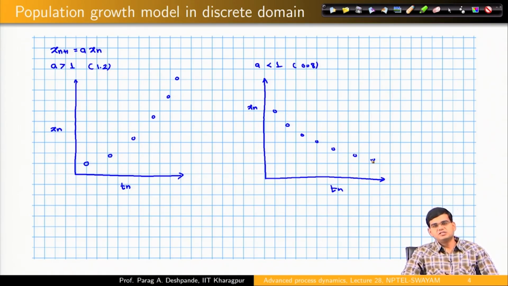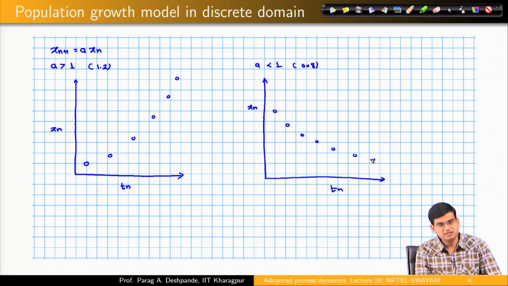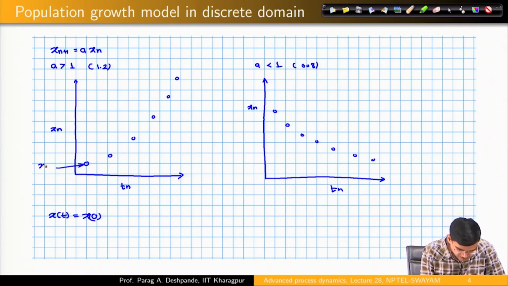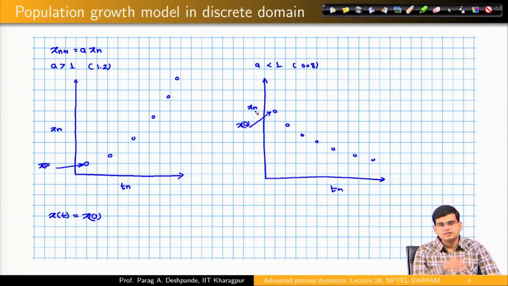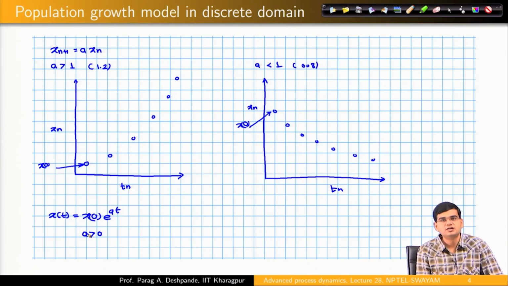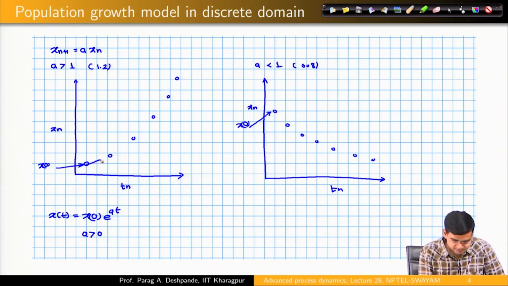Well, we have seen this in case of continuous domain modeling. I have x of t is equal to x 0. What is x 0? This is your x 0, the population at initial instant of time, times e to the power a t, and when a is greater than 0, what was the trend that you got?